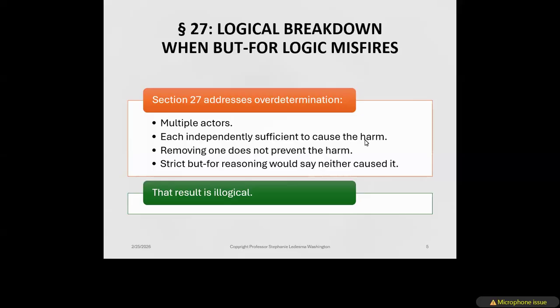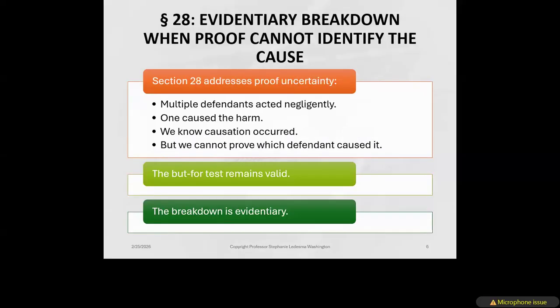Section 28. Here's the introduction. When would we use section 28? When would we use that version of the but for test? We would use that version when we have an evidentiary breakdown. What does that mean? That means when the proof cannot identify the cause of injury.